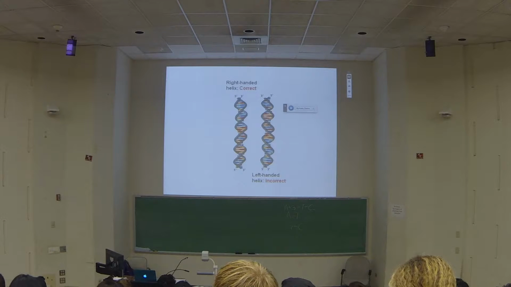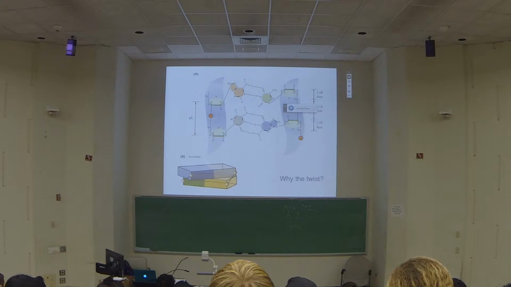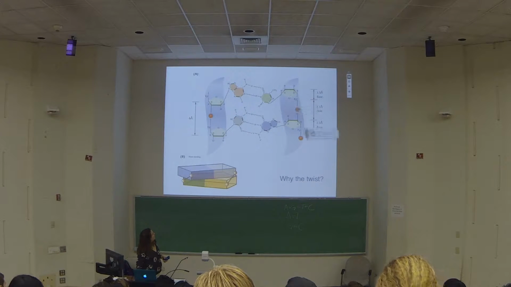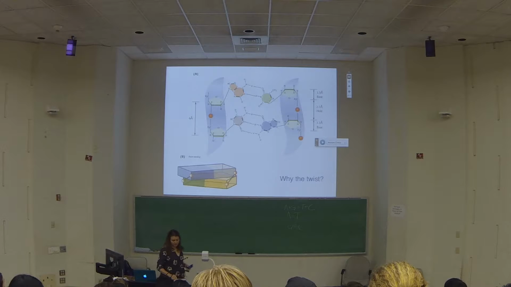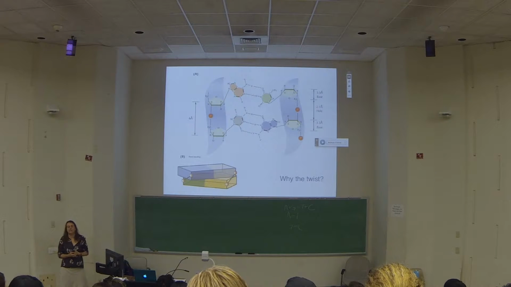Interactions between those sets of bases. All right, bases are happiest when they're stacked right on top of each other. That has to do in part with the different components of our nucleic acid strands.